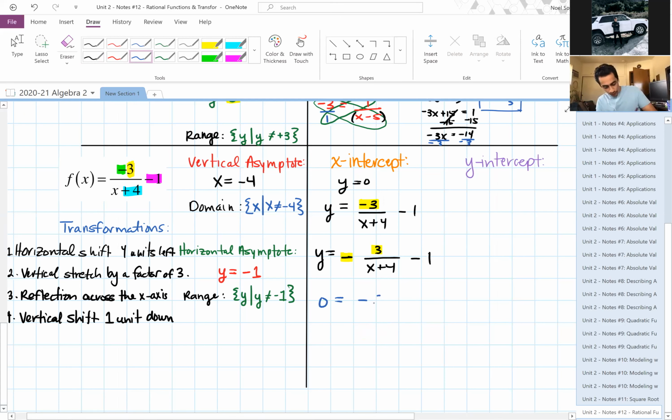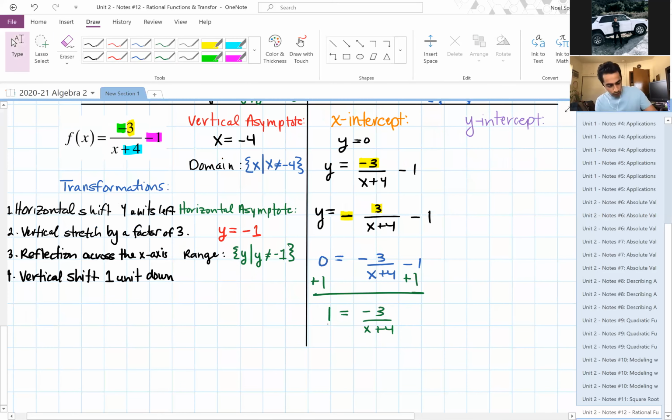All right, so let's set y equal to 0. What do we do? First, you want to move the constant, setting it up so you can cross multiply. So let's add 1 first. 1 is equal to -3 over x plus 4. Before you do the cross product, the constant needs a denominator, and you need to wrap x plus 4 in parentheses, because when you cross multiply, you're multiplying the entire expression.